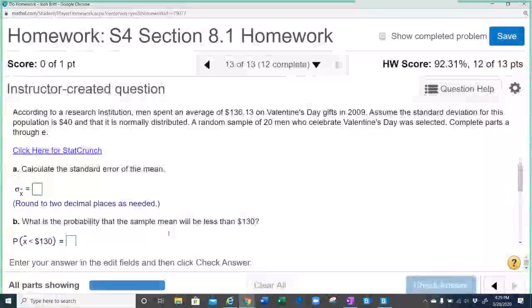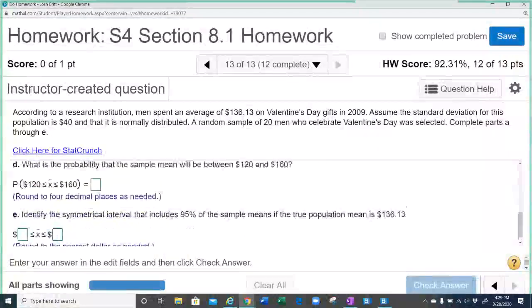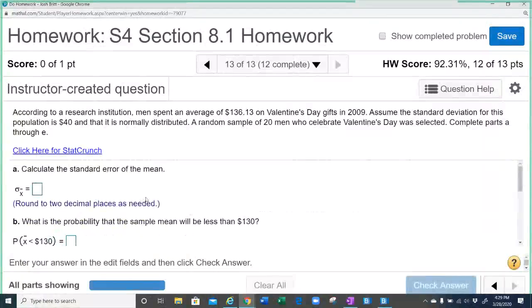All right, and so the last one. The standard deviation is always going to be the standard deviation. As assumed, standard deviation for this is 40 divided by square root of sample size, a random sample of 20 men, and the average that they spent on Valentine's Day gifts in 2009 is what we're talking about.